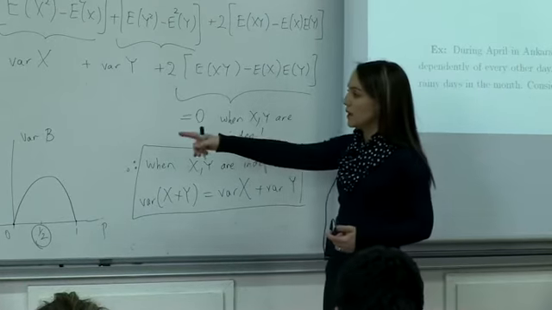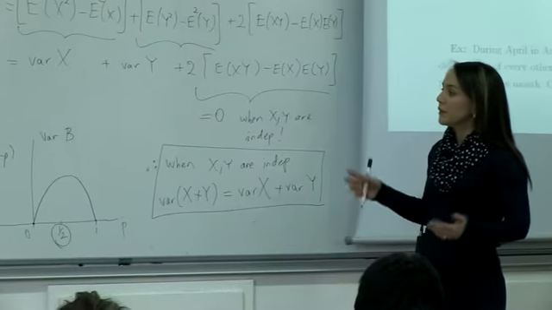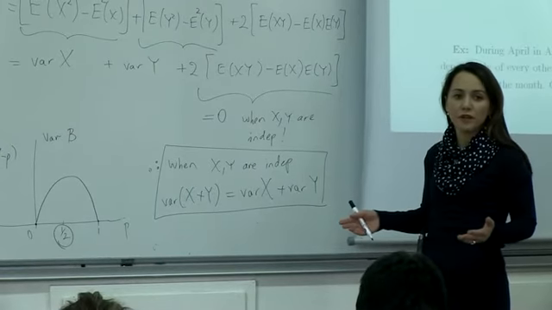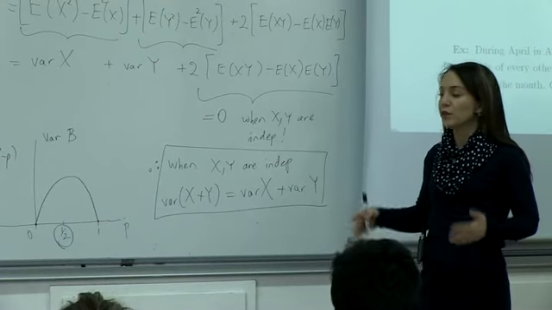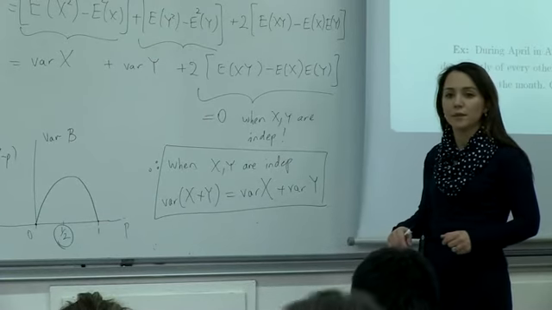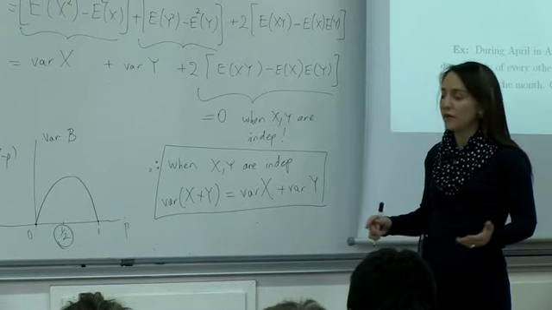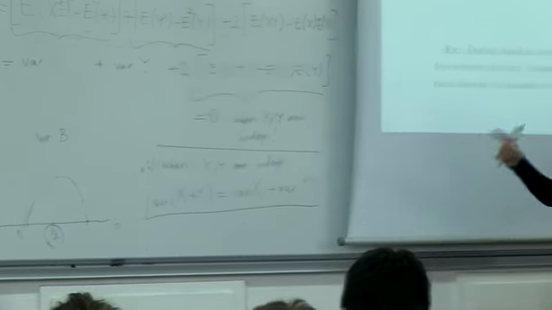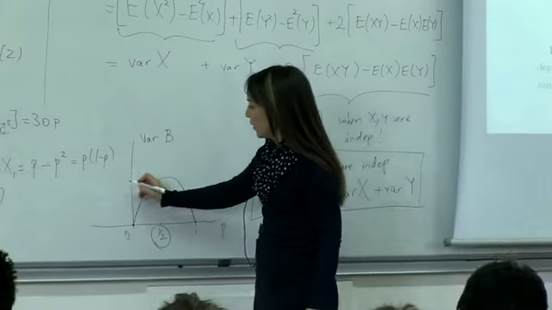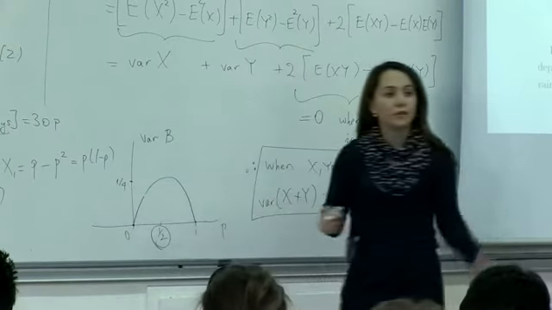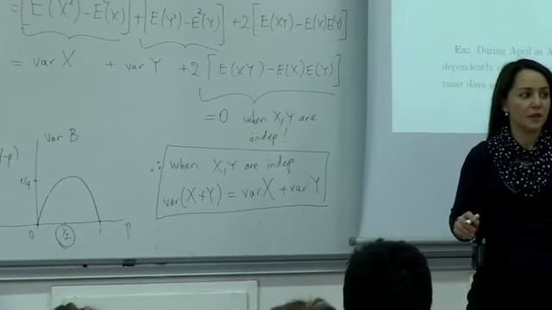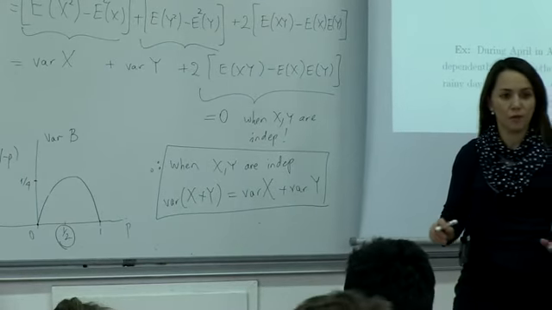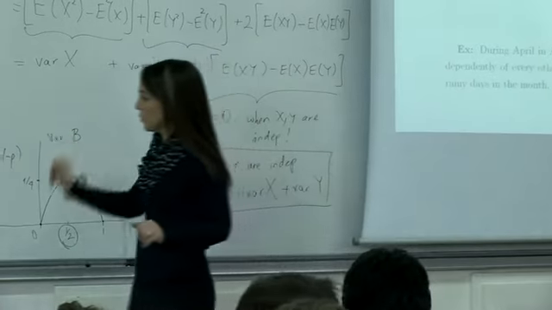So in this example, the probability of rain being 50% would give us the highest variance for the number of rainy days in the month of April. So we'll use this observation. What is the value here? 1/4. So the variance of a Bernoulli random variable is always less than or equal to 1/4. 1/4 is the largest possible variance for a Bernoulli random variable.